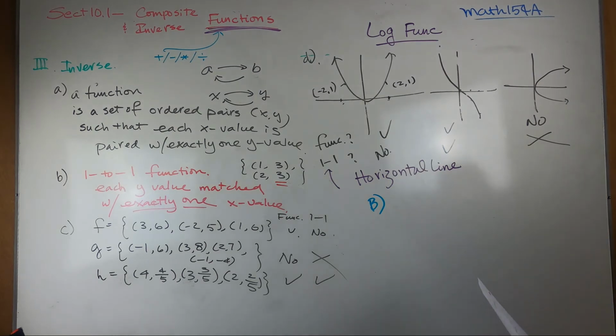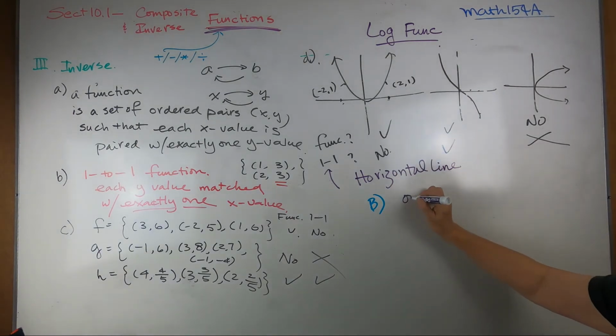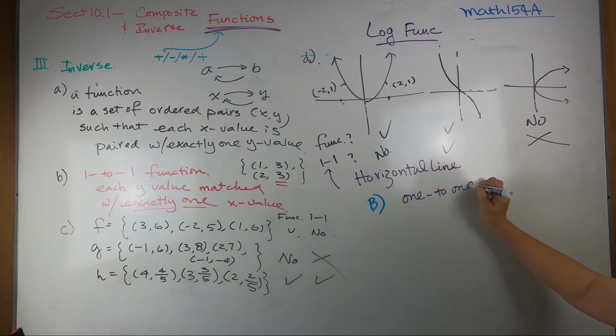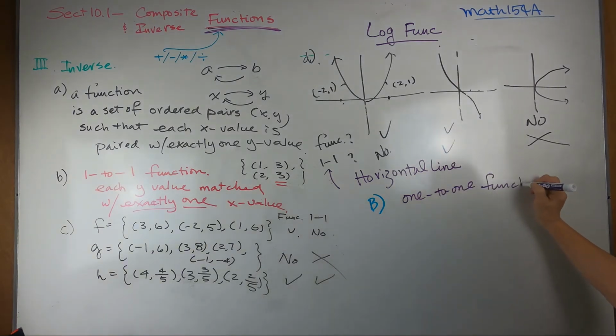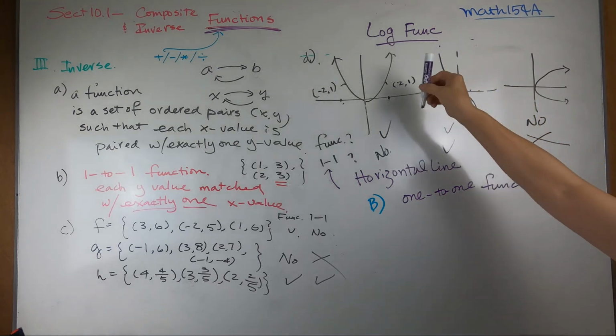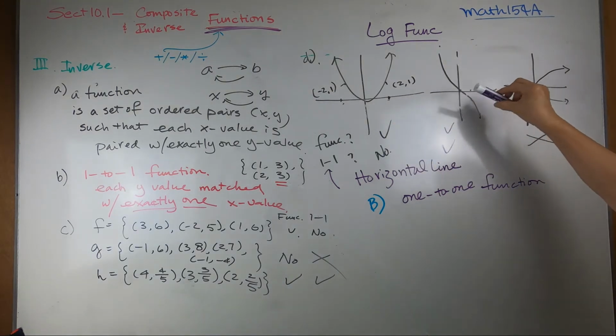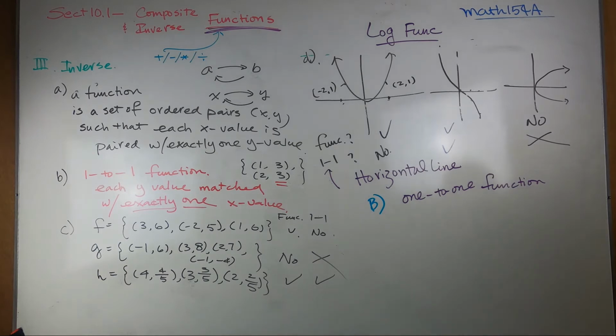So for one-to-one function, you have to satisfy vertical line test and horizontal line test, right? So first we learn the one-to-one function.